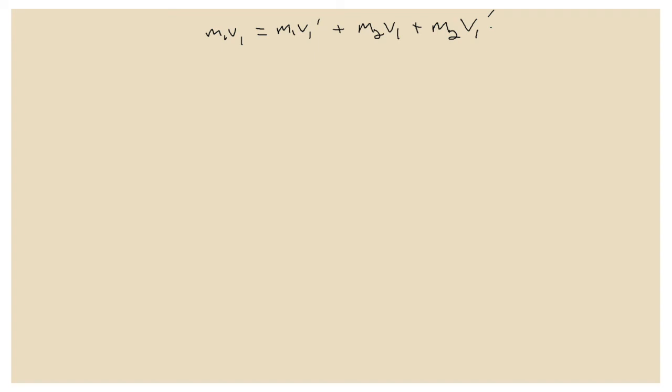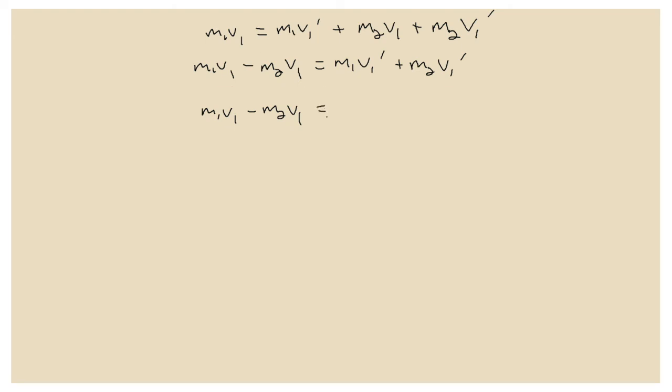And so the key point here is now we're solving this for v1 prime. So at the very least, I've got to gather the v1 prime terms on one side of the equation, because notice it appears in more than one term. So I have m1 v1, I've got to subtract over m2 v1, and then that's equal to m1 v1 prime plus m2 v1 prime. And so here, this is pretty simple. I have m1 v1 minus m2 v1, and notice that actually has v1 in both parts, so I can factor that out.